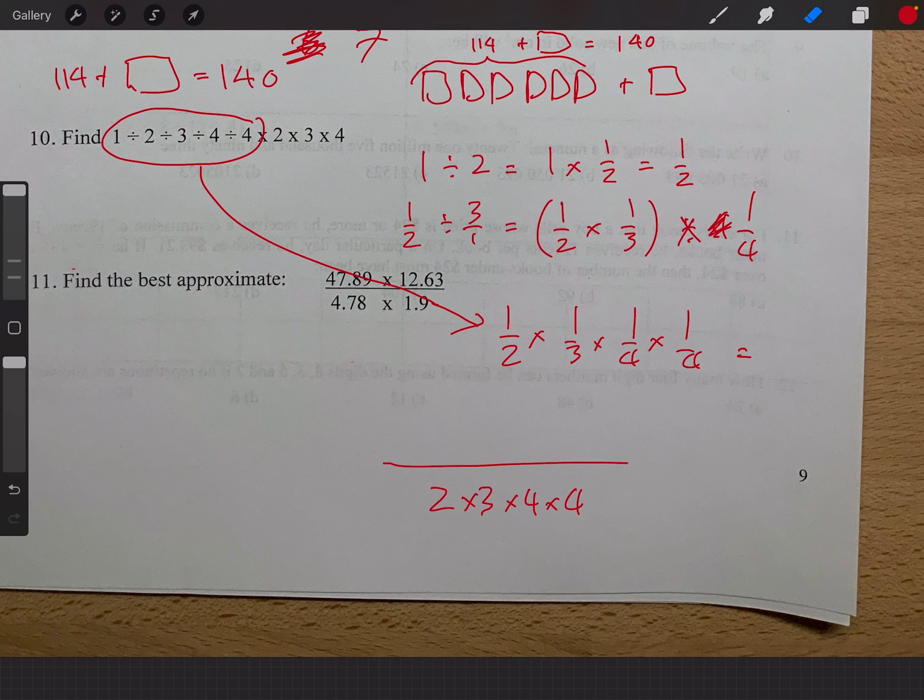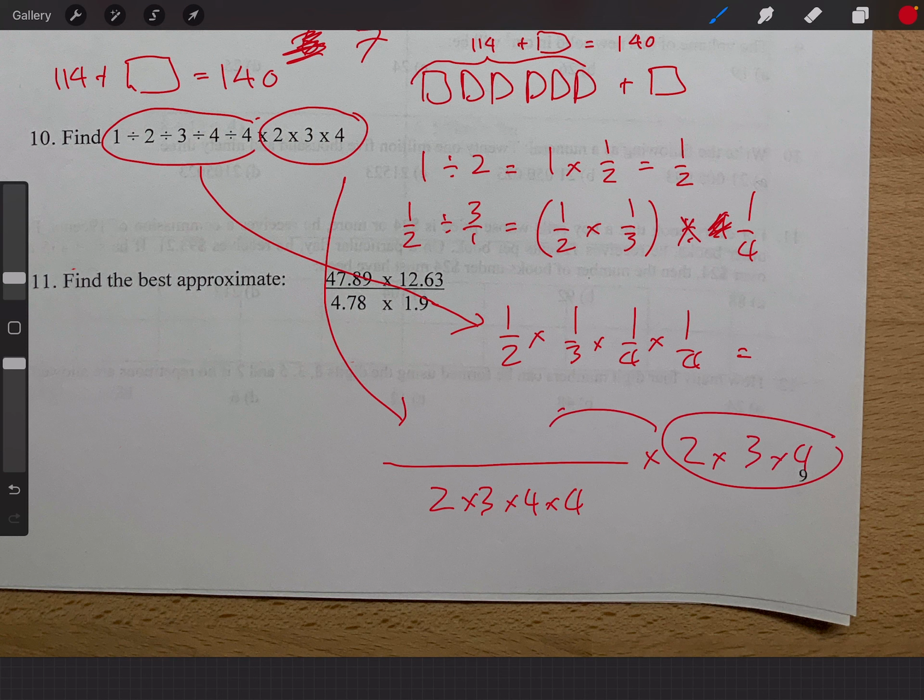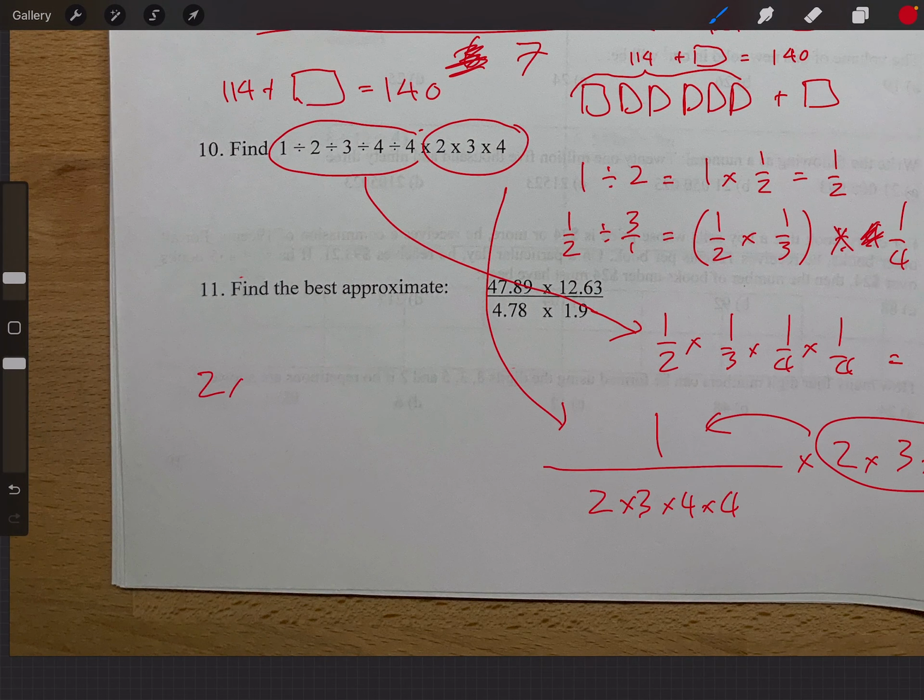Now the top part, this part here, we just put it on top, just times it. So we times it by 2, times it by 3, times it by 4. So put this all on the top, because it's 1 times that. So what you have is 2 times 3 times 4 divided by 2 times 3 times 4 times 4.